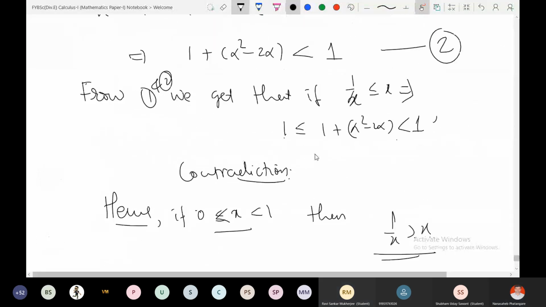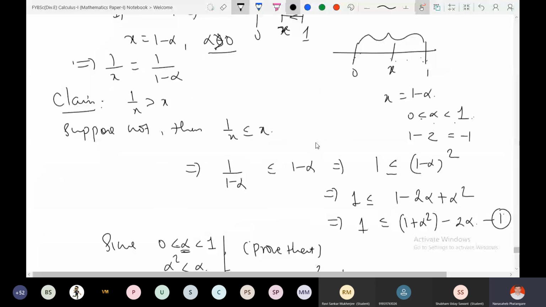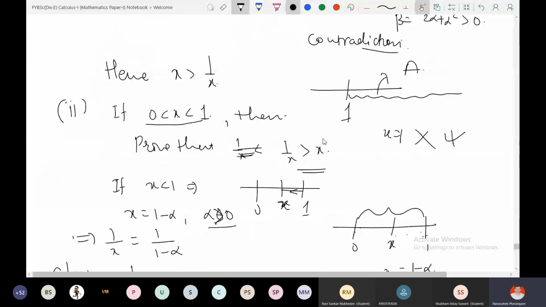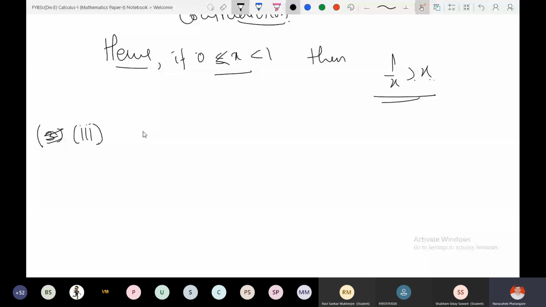Okay, so now what is the third case? We are treating the third case now. Third case: minus 1 less than x less than 0.